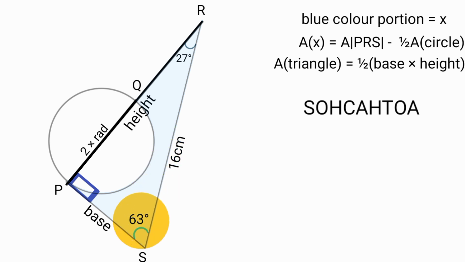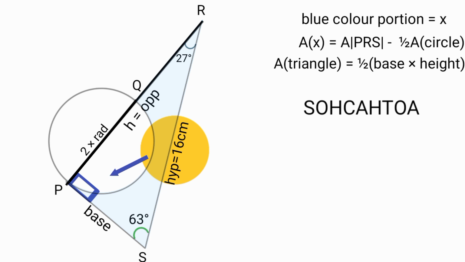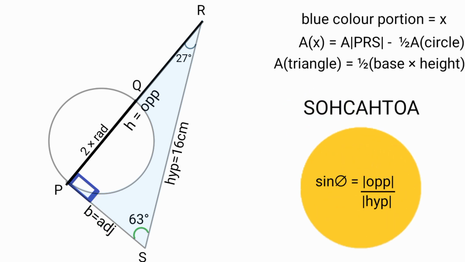Taking this angle here, this is the opposite because it's facing the angle, this here is the hypotenuse because it's facing the right angle, and here the adjacent. Now from this, SOH: sin theta equals opposite over hypotenuse.